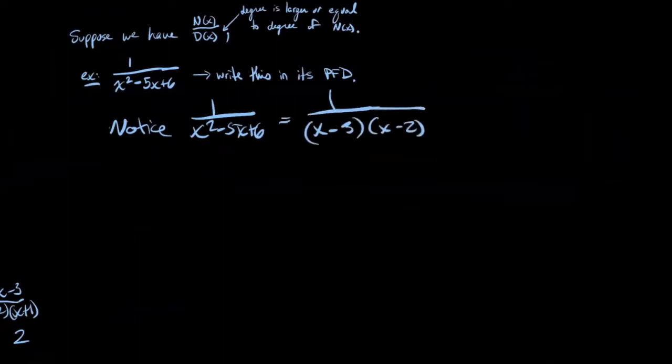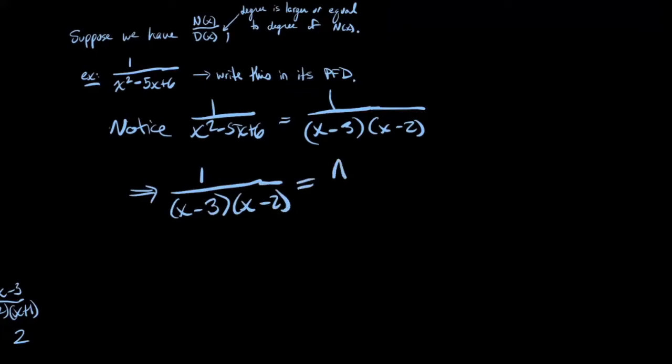And so we can write that denominator as a product of linear factors. And again, linear means degree 1. So this means, since we have linear factors, we could write this as 1 over x minus 3, x minus 2 is equal to some constant, we'll call it a, over the first factor, plus some other constant b over the second factor.